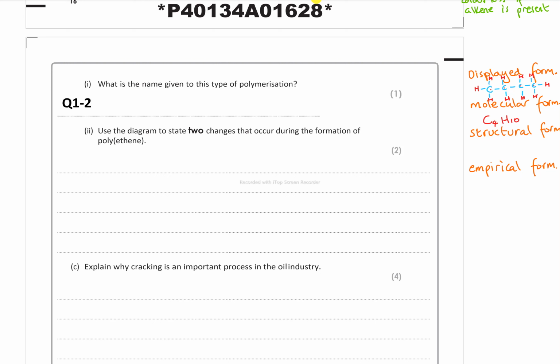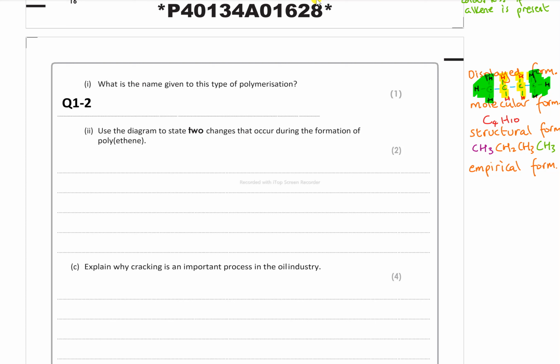Structural formula is a bit more involved. So look at this bit here. I've got a CH3. Then next to it, I've got a CH2 and another CH2, and then finally at this end I've got a CH3.